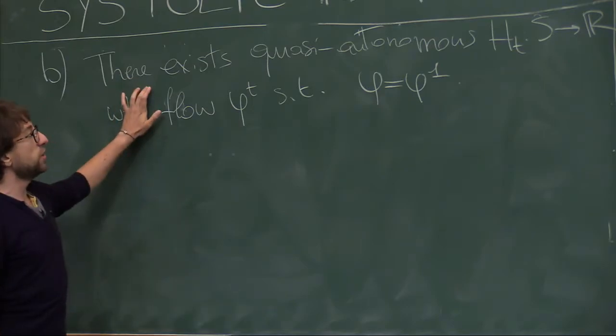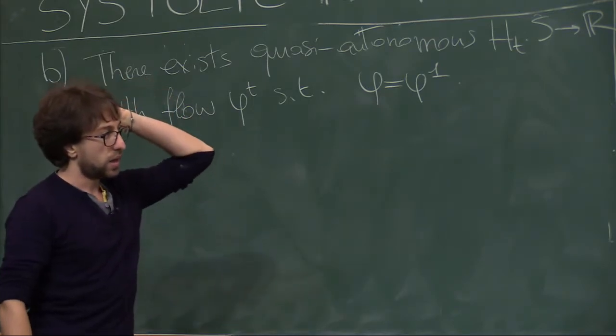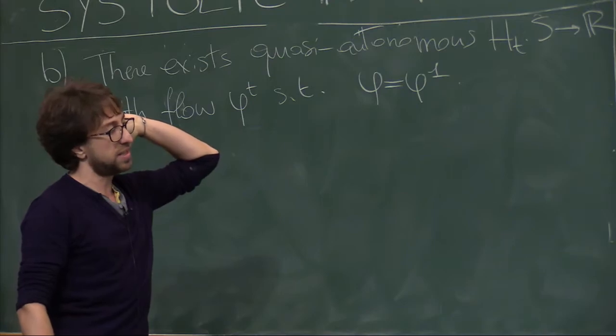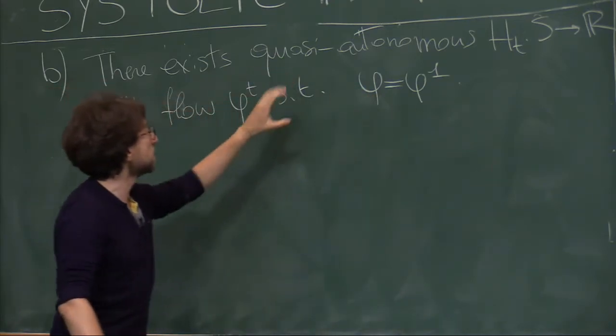Okay, so this is the second ingredient, and when we have this, then basically the proof is very similar to the baby case. So this is the second important thing.